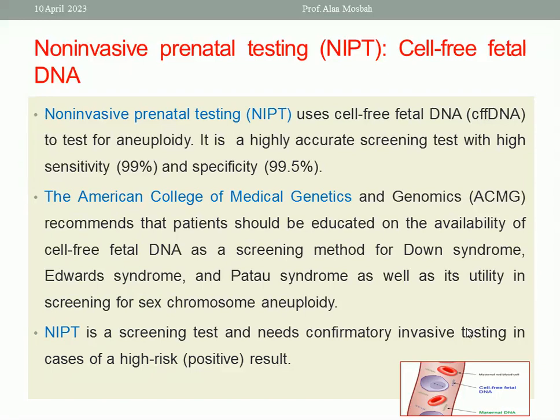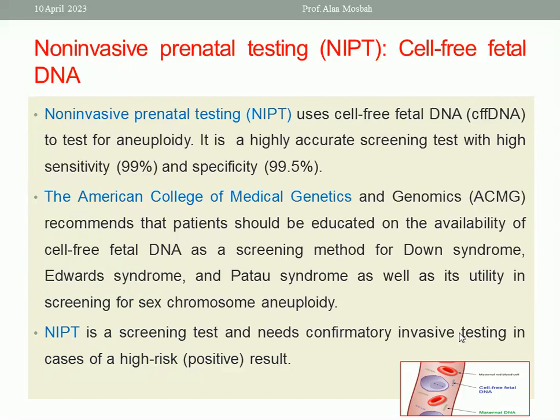So this DNA should be evaluated, and it was found that this test can detect chromosomal abnormality, a highly accurate screening test. Highly accurate screening test, but still it is a screening test, not a diagnostic test. Please remember this very well. The only diagnostic test we know is the chorionic villus sampling and amniocentesis.